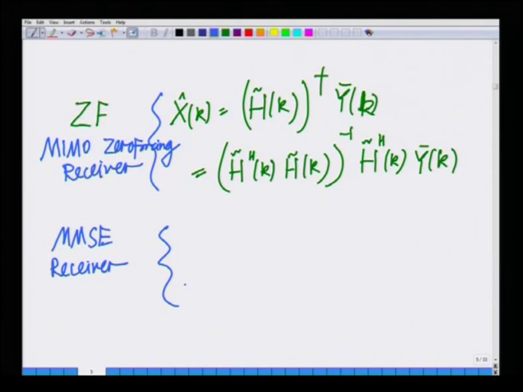receiver across the kth subcarrier, which is x hat MMSE of k.